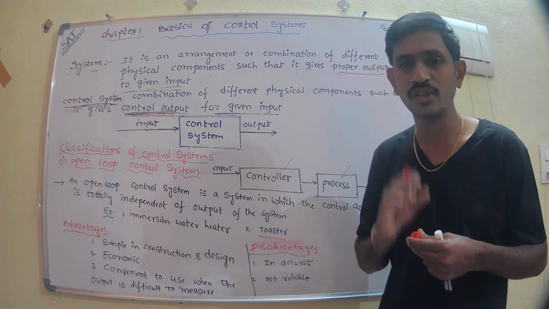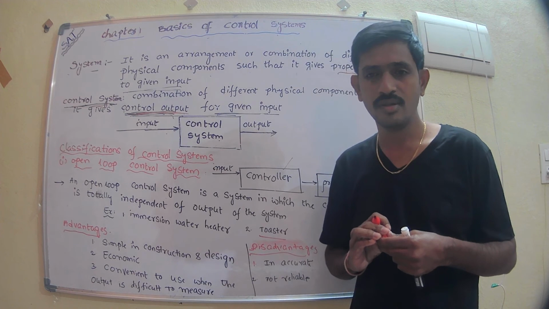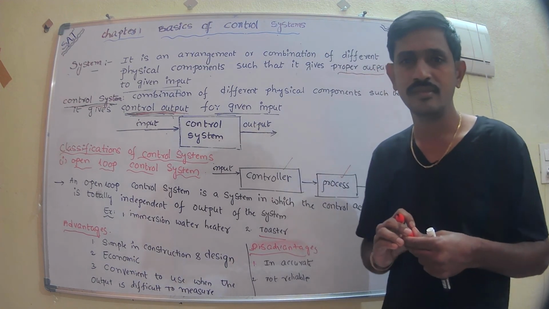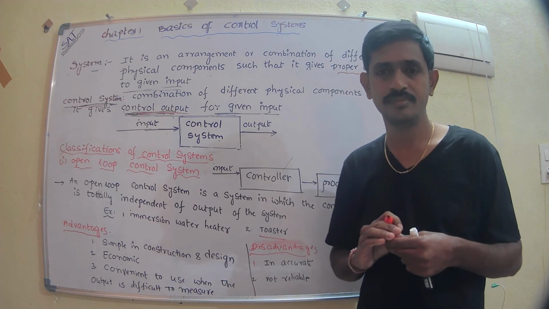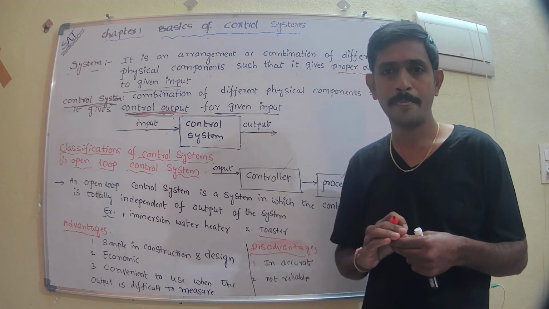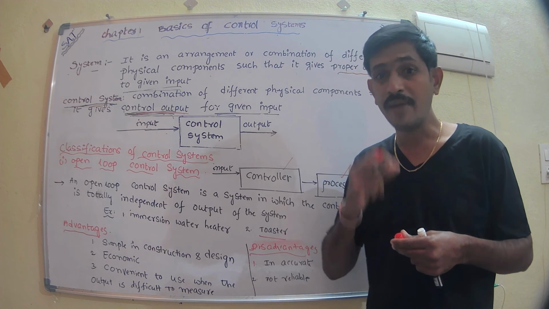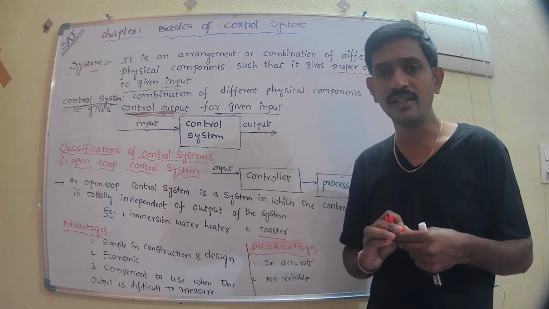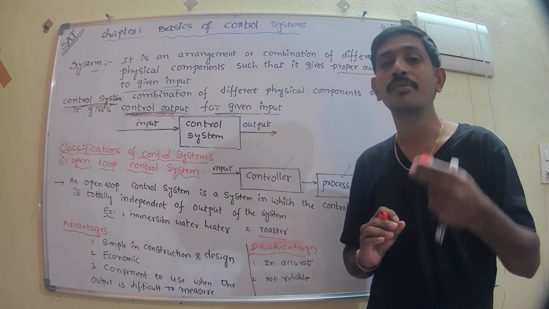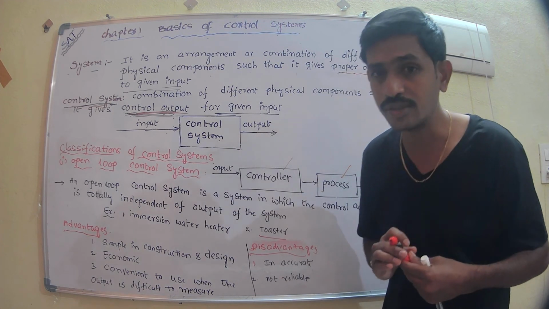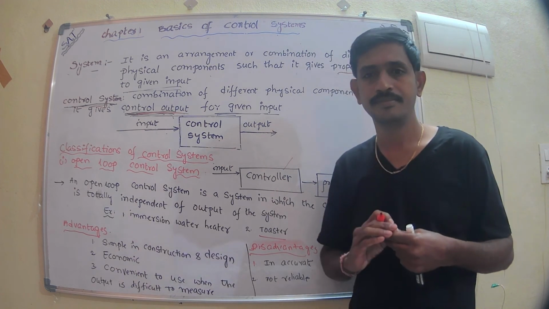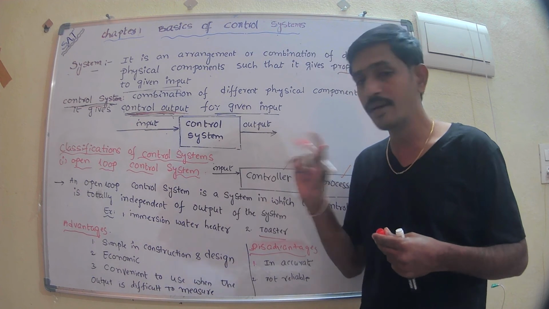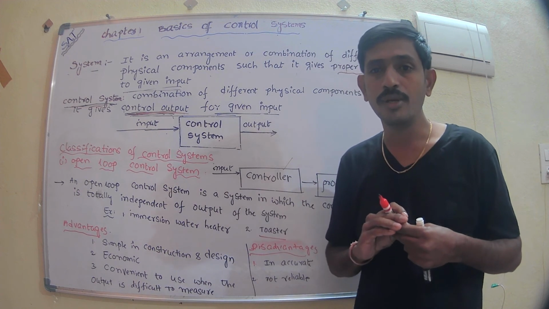If we do not switch off the toaster after a certain temperature, the bread will heat more. That means you manually switch off the toaster, so there is no feedback that tells you when to stop heating the bread. These are two examples to understand the open loop control system.